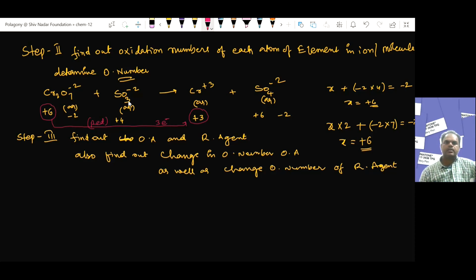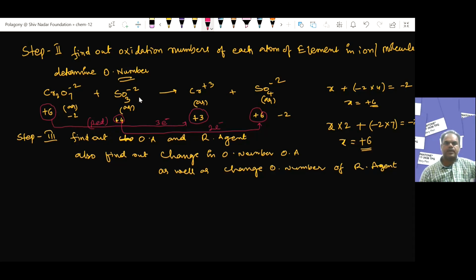And similarly, sulfite ion oxidation number is changing from +4 and changing into how much? +6. Now the change in oxidation number is increasing, +4 to +6, changing 2 electrons by losing 2 electrons.